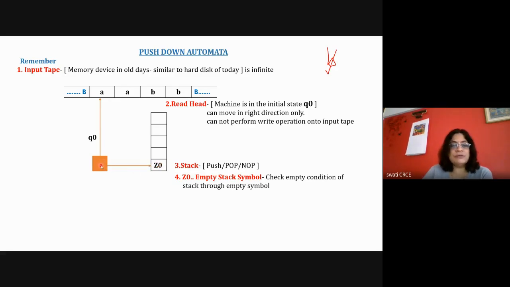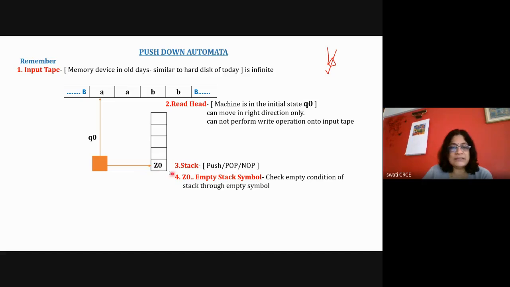So how this machine works is that it performs the read operation on the input tape as well as on the stack. So it will say a comma Z0 in the state Q0; it is a combination of three elements. In the state Q0, read a and Z0.